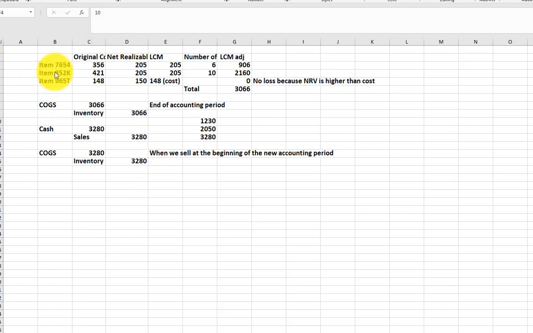So we realize that there's a problem, and we need to look at the possibility of having to record lower inventory based on this scenario where we can't sell these, at least not at the price that we originally planned on, and maybe even for less than it costs us.